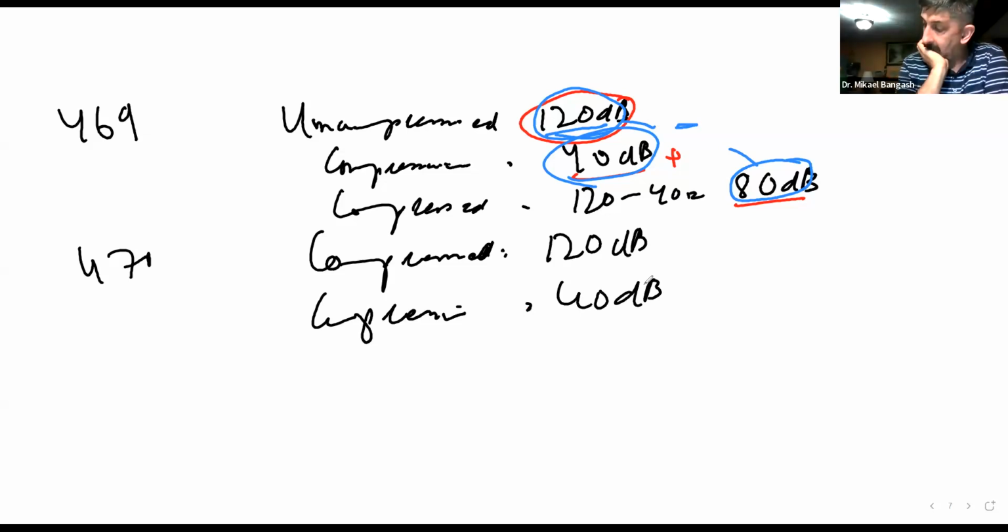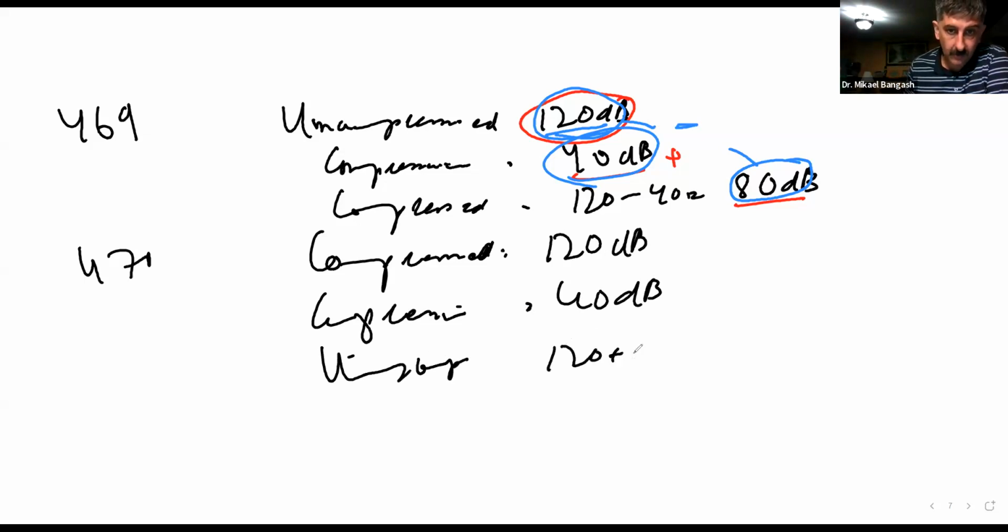So what is the dynamic range of the original uncompressed signal? Which is going to be 120 plus 40, which becomes 160 decibels.